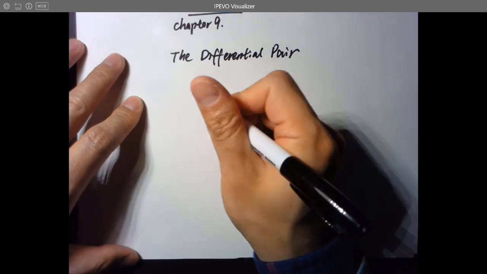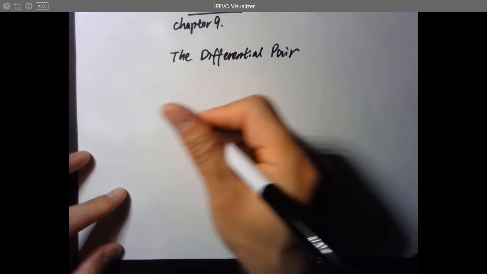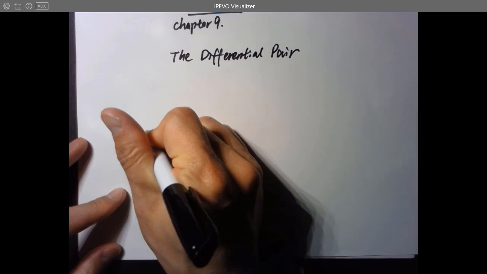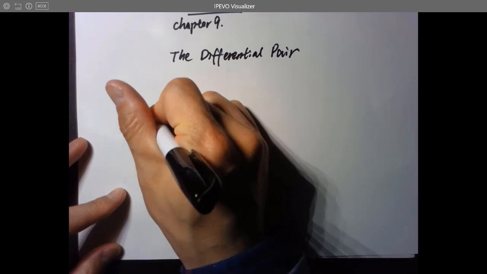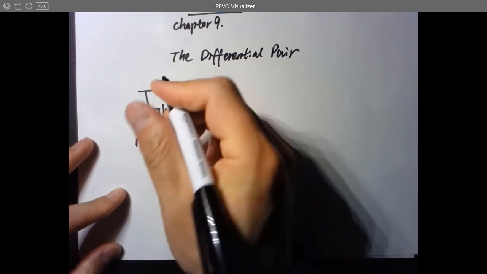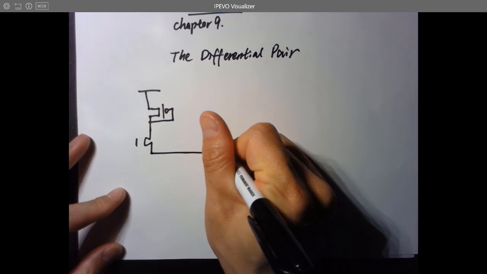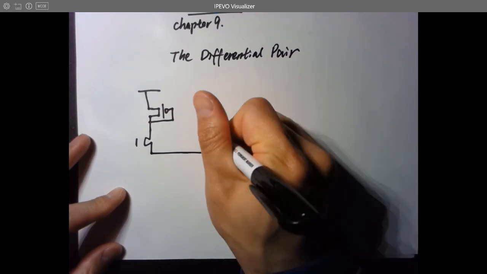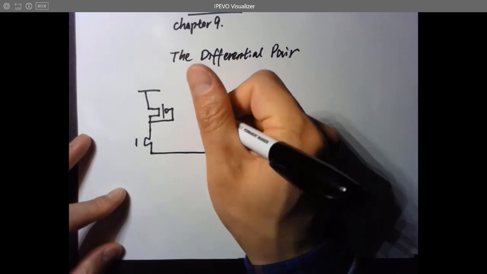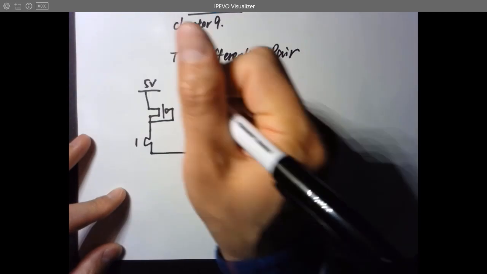So the circuit looks like this. I'm going to draw it on the side, so I have space to do the calculation here. Ground this guy. They are 5 volts VD.